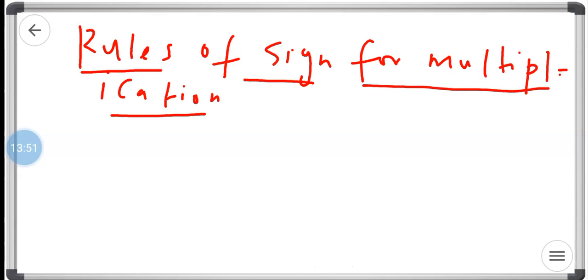So now the rule we'll be using here: the product of two or more terms with like sign is positive. So it means like sign can be positive, that's positive, or negative, that's positive, because they are like terms.